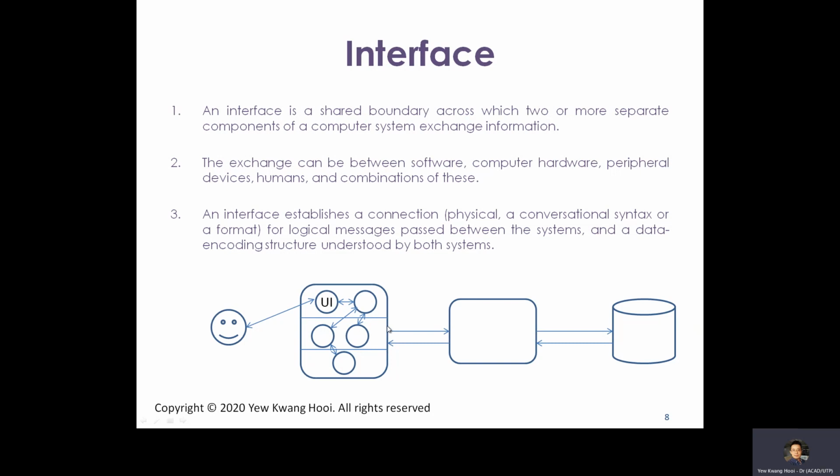Okay, let's look at one analogy. How do you communicate with another human? With mouth, with your ear, with your eyes, right? So your mouth, your ear, eyes, these are interfaces. With these interfaces, you're able to talk, you're able to listen, you're able to see. Therefore, there is interaction. Between two humans, there will be interactions, and the interface will be mouth, ear, eyes.